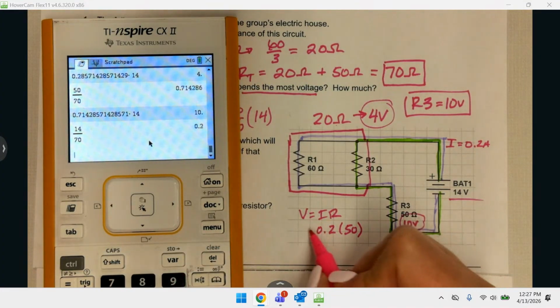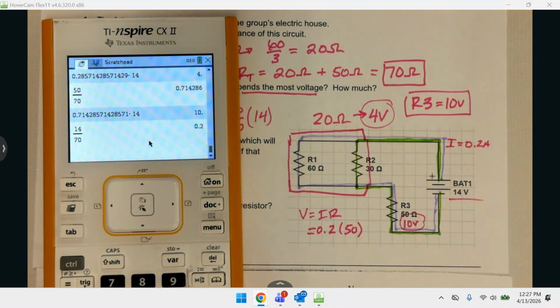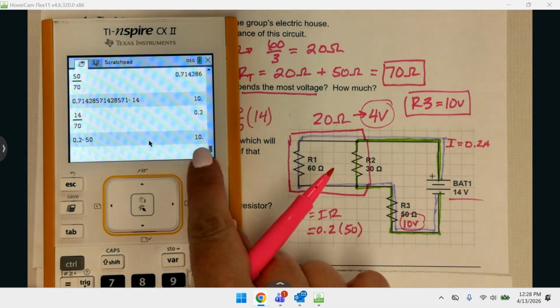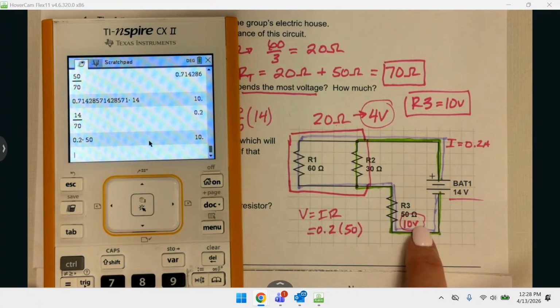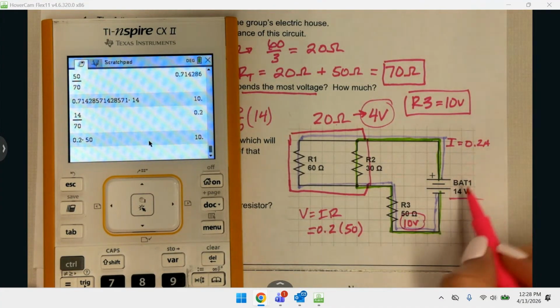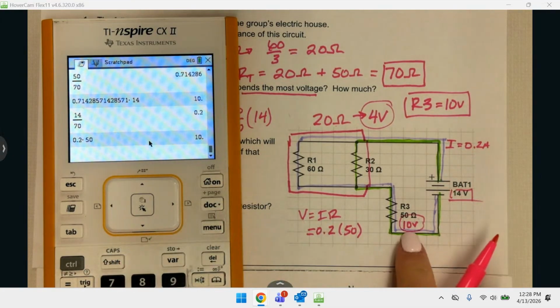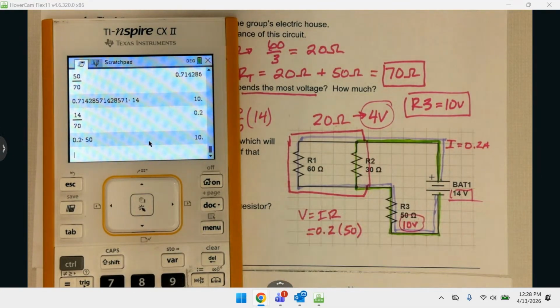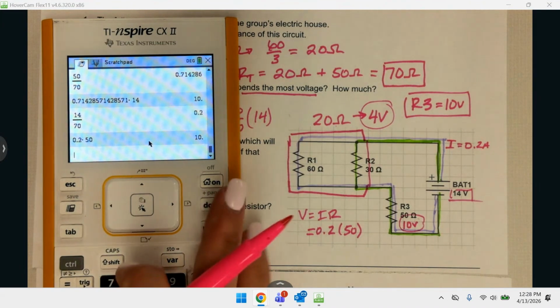Okay, and that'll give me the voltage drop at that one. So 0.2 times 50, and look at that, it's the exact same number. It's still 10 volts. Okay, and again, because the voltage drops have to add up to 14, if this is 10, then each of these has to be 4. Because on the green loop, you would have 4 plus 10, and on the purple loop, you would have 4 plus 10. Okay, and so that's another way you can find it.